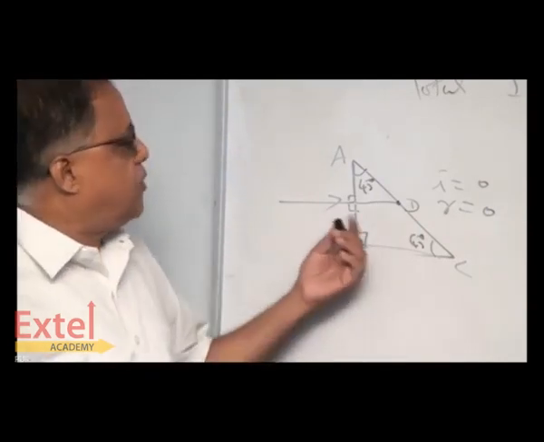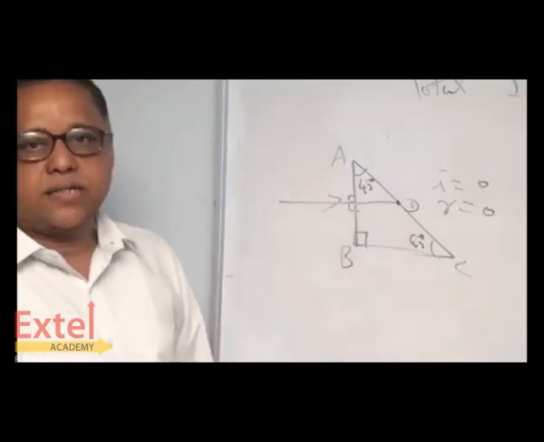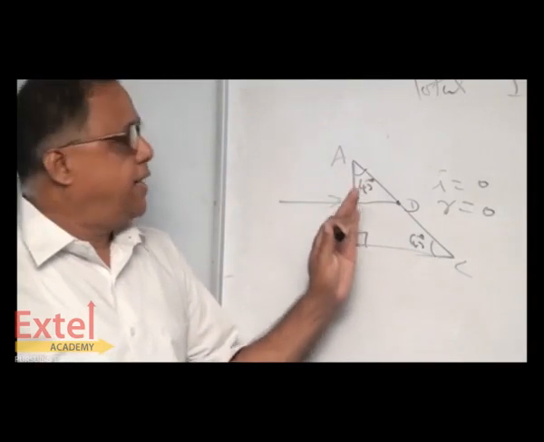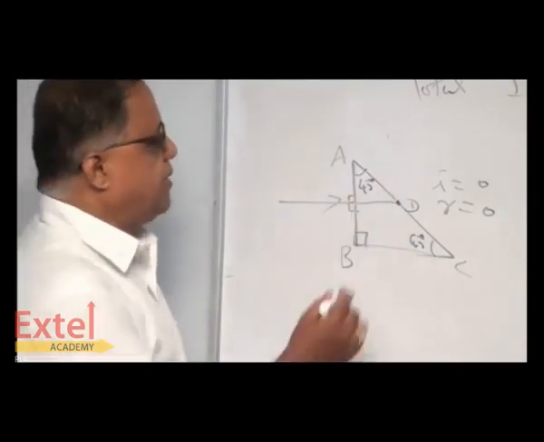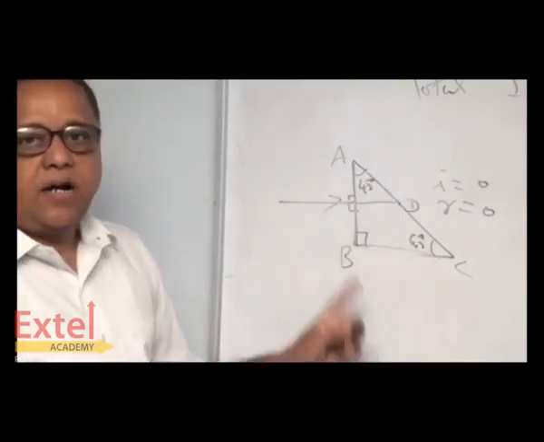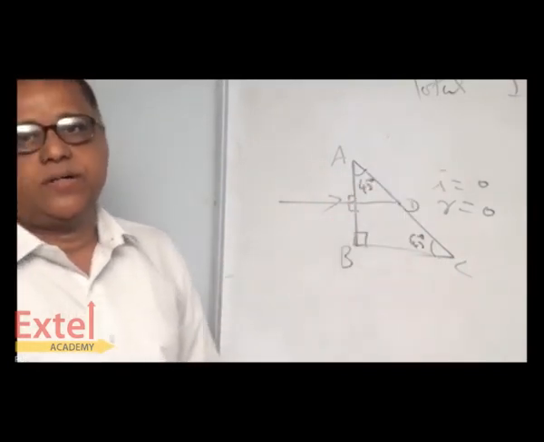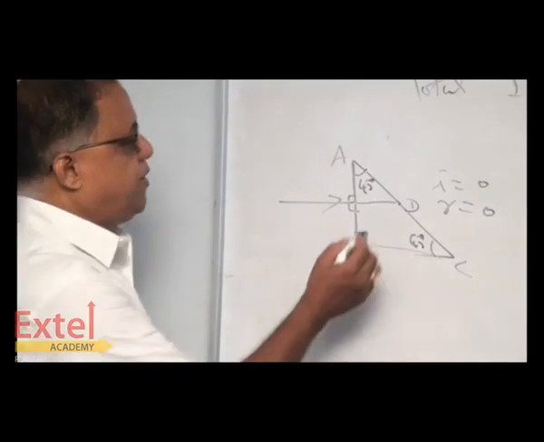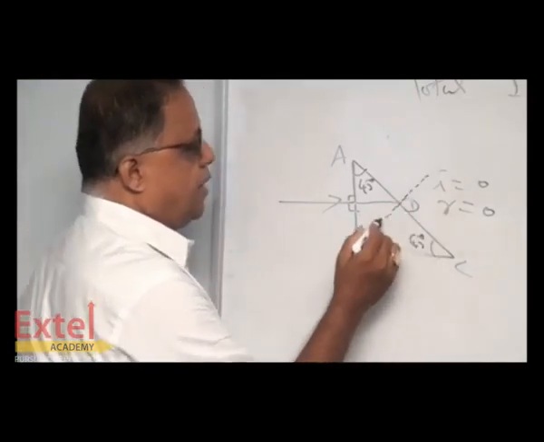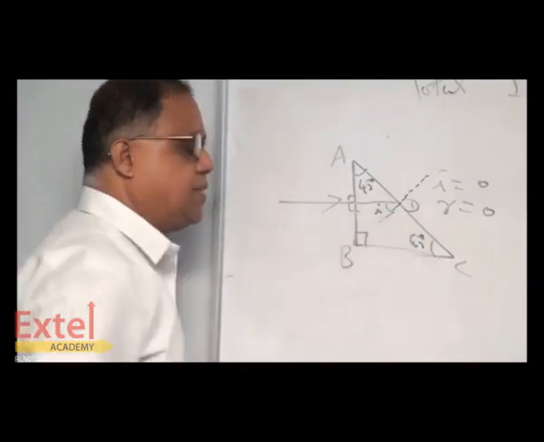So this is the basic one. Until then it is going straight. Any ray normal to the plane or surface will go undeviated. But at the point D, whether the ray will go for refraction or total internal reflection, that we are going to discuss. So at the point D we draw a normal and find the angle of incidence.